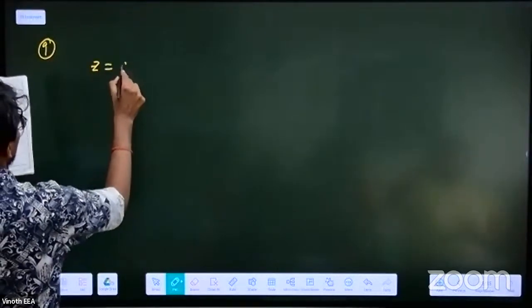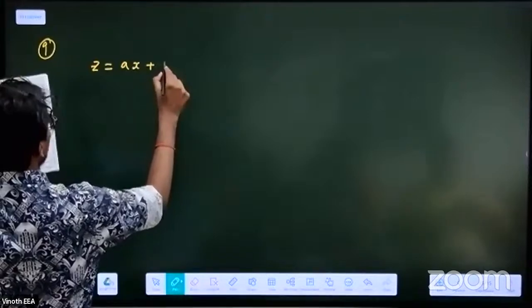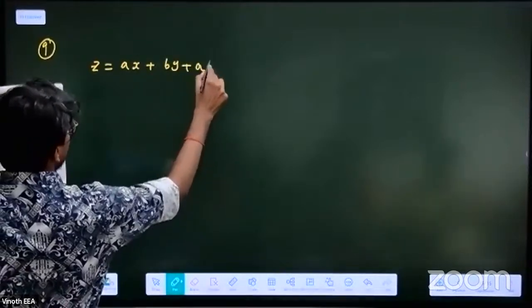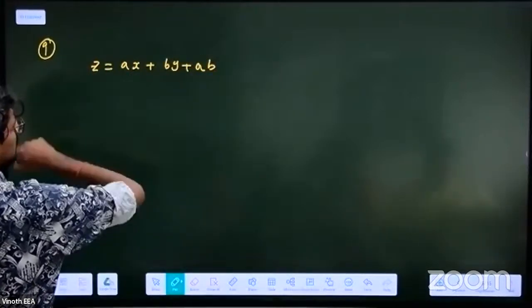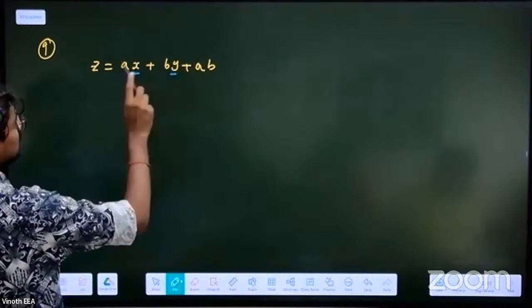z is equal to ax plus by plus ab. See here, does it belong to a multi-variable function or a single variable function? We have more than one independent variable. Obviously more than one. x is also independent, y is also independent.